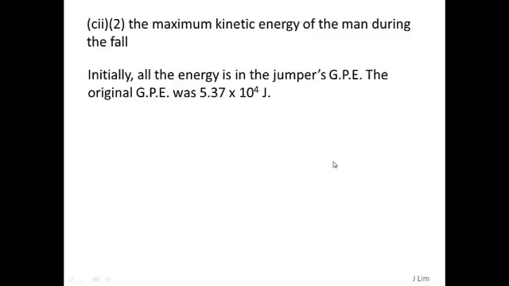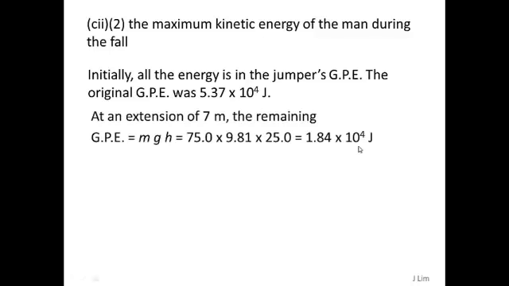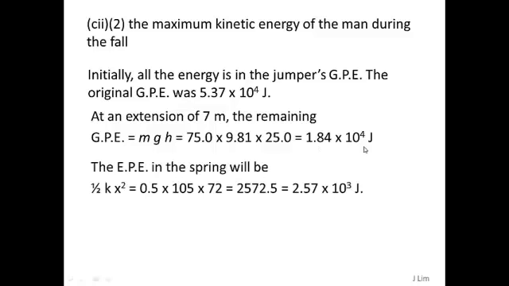Initially, all the energy is in the gravitational potential energy, and that was 5.37 times 10 to the power 4 joules. At the extension of 7 meters, the gravitational potential energy will be 1.84 times 10 to the power 4 joules.